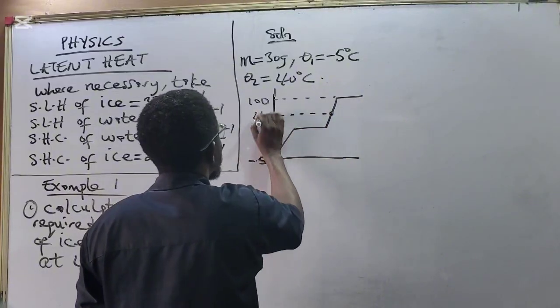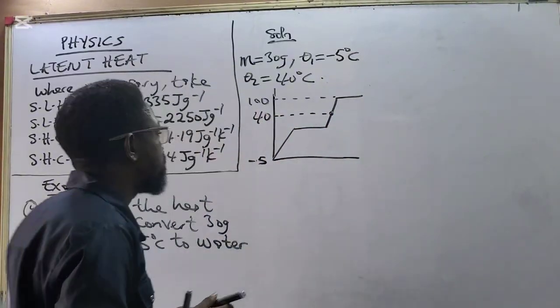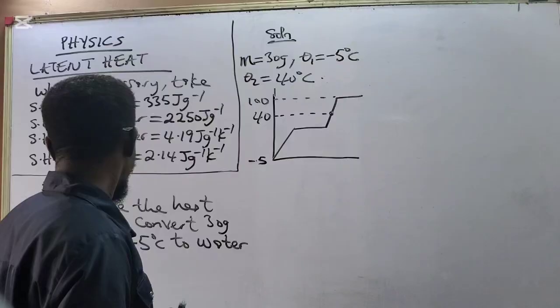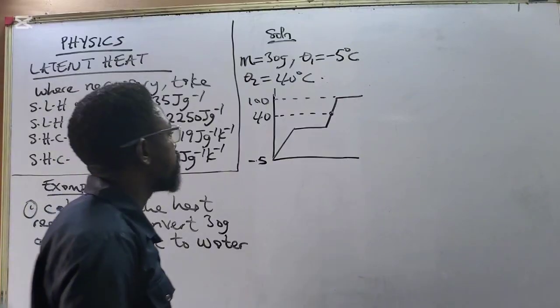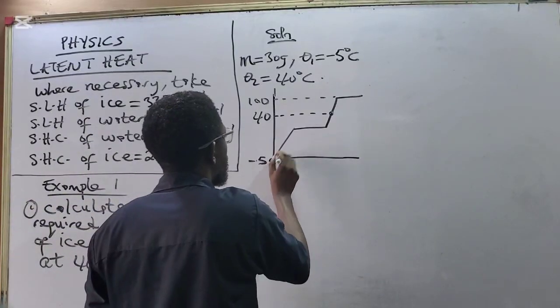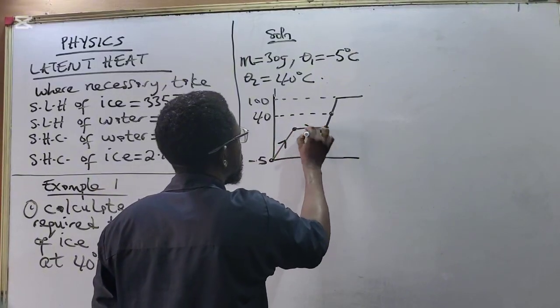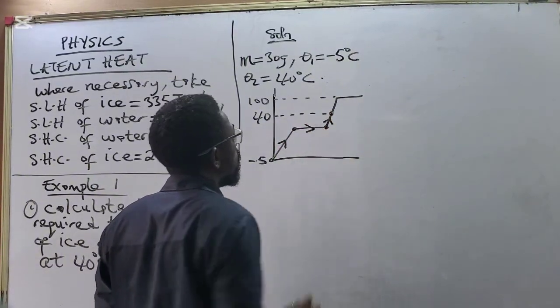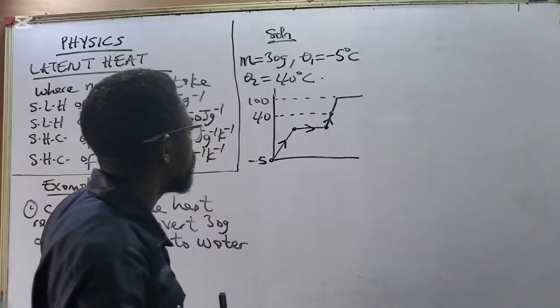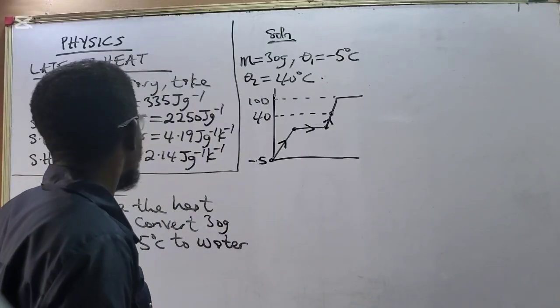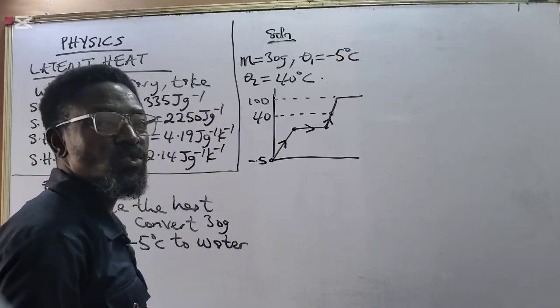Let's call this point water at 40 degrees C. So based on what we have here, the total heat required, first we're going to calculate from this point to this point. And then we'll move from here to this point. And then after we'll move from here to this point. So we're going to have 3 different calculations for us to obtain the total heat required.